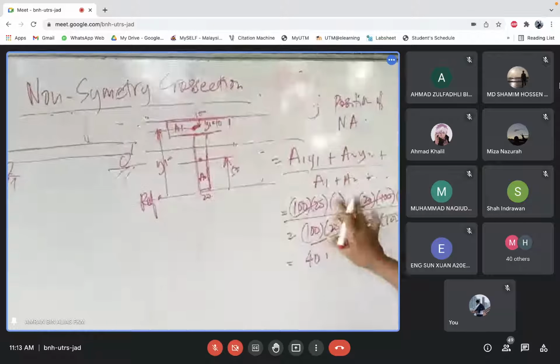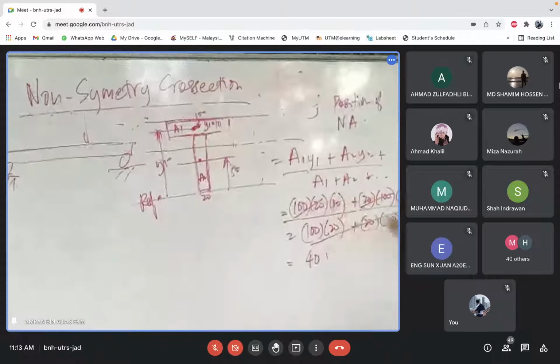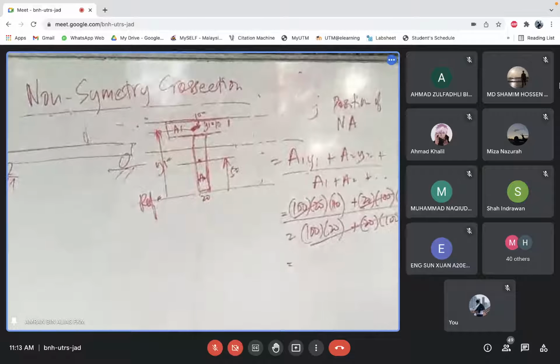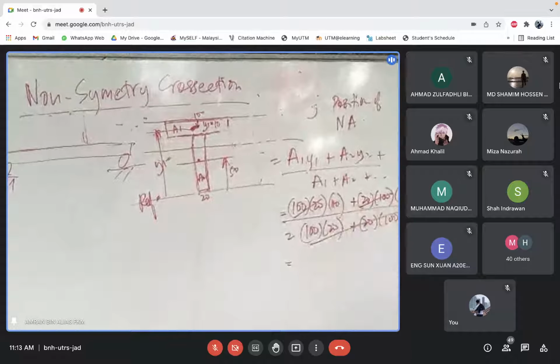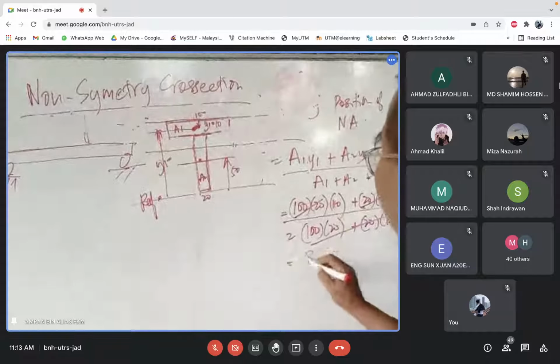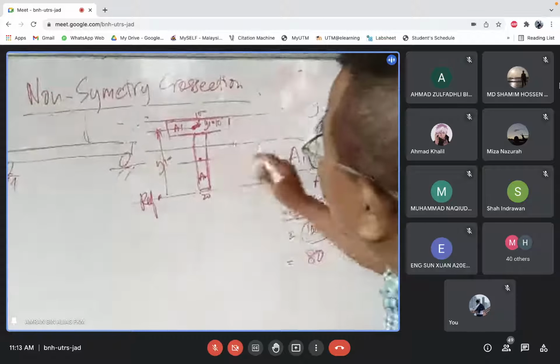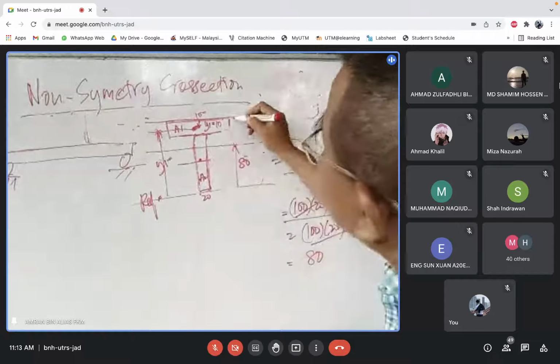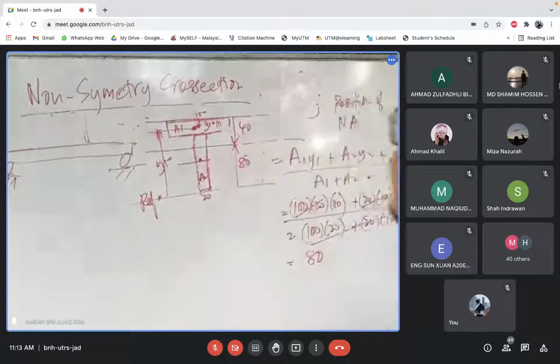So we put that: this is 110, this is 50. So what is the value there? 110 plus 50 is 160, divide by 2, 80. So you put 80 from the bottom, the same position, not 40 from the top.